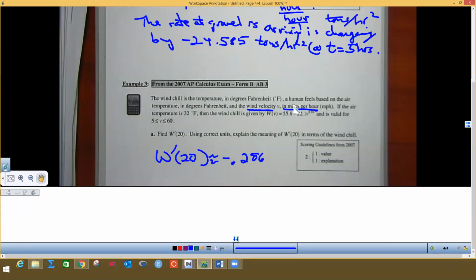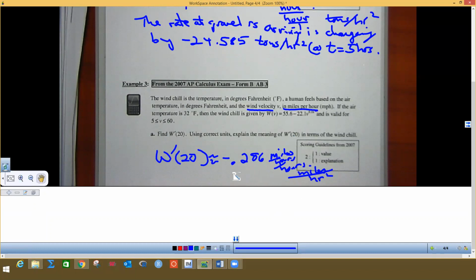Again, this is a slope of this miles per hour. So this is miles per hour per hour. And again, that could be written as miles per hour squared. Okay? And you can put miles here, and you can make this hours, and you can make this hours. Okay? So that is my answer.